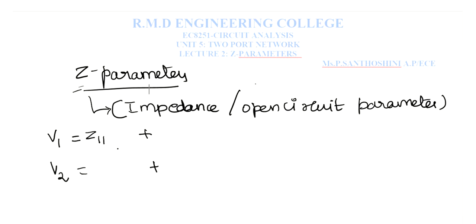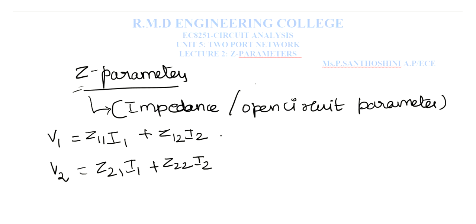Very good. Except ABCD, all the other combinations have plus symbols. Z11, Z12, Z21, Z22. Now V1, V2 is done, so what are the two letters remaining? I1 and I2. Yes, very good. So Z11 I1 and here it is I2. The same way it is I1 and I2.